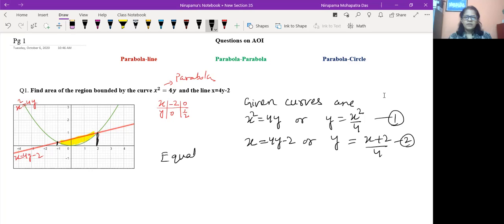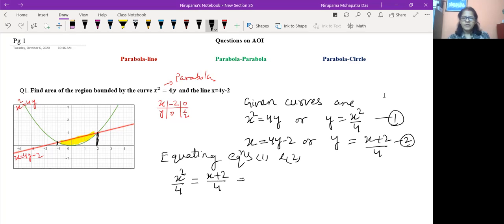Equating equations 1 and 2: y equal to x square by 4 and y equal to x plus 2 by 4, so x square by 4 equals x plus 2 divided by 4.